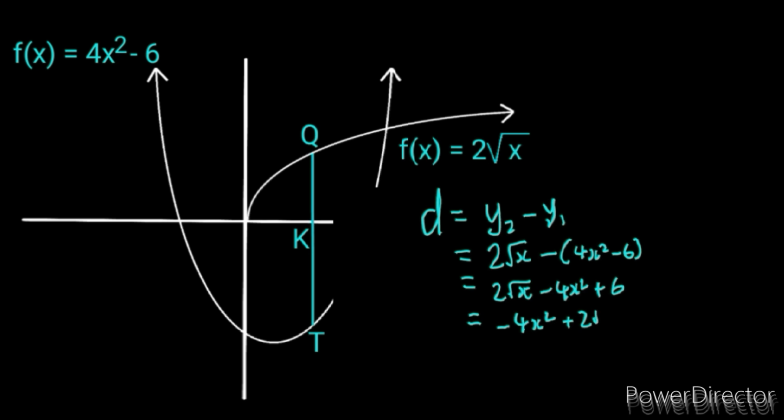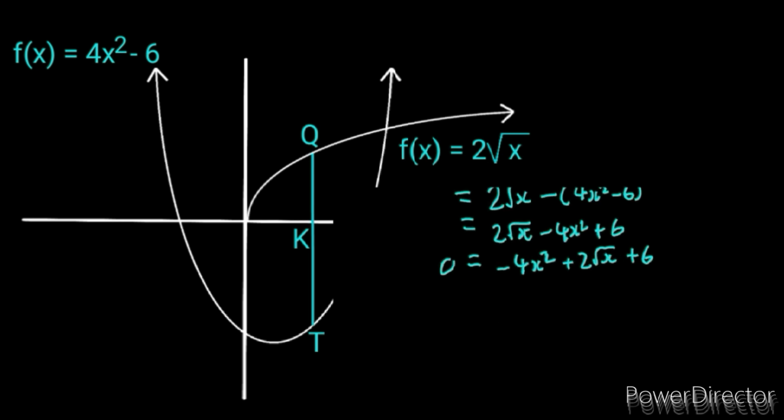So then this is going to be 2 root x and this is going to be plus 6. So this is the higher power because this square root, if we change it into an exponential fraction, is the same as 1 over 2. So basically we've got 2x to the power of 1 over 2, so the highest power is this. But anyways, the order does not really matter.